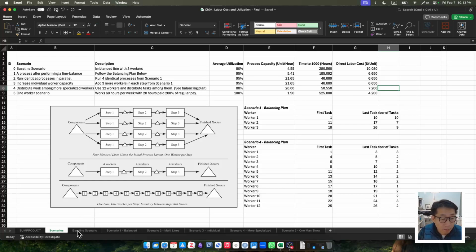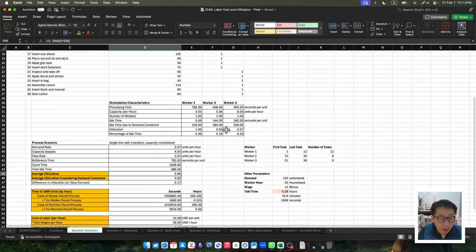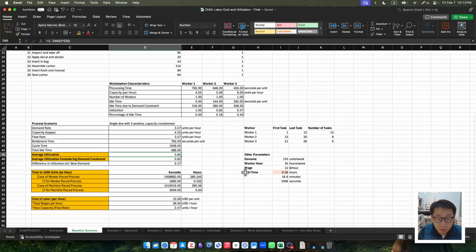So I think this baseline scenario is the initial scenario, highly imbalanced. Right? And in this particular case, we also had very low demand, which resulted in an actual flow rate lower than the capacity of the process itself.